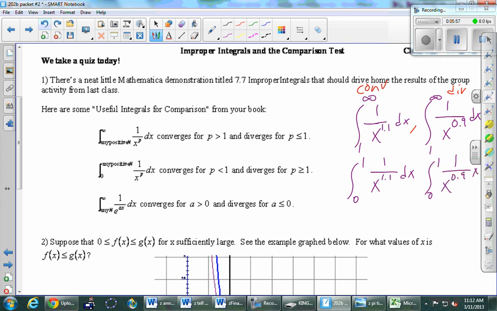Anybody know which one of these was the convergent one? You can go back and check. I know not all groups maybe got up to this one. Yeah, this one, the left-hand one, actually was the bad side. The left one diverged. And this guy over here, I call it bad for divergent, but that's just my editorializing, I guess.